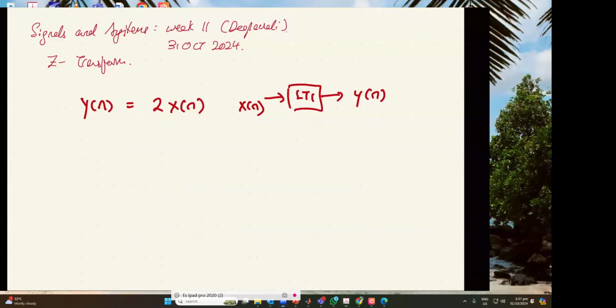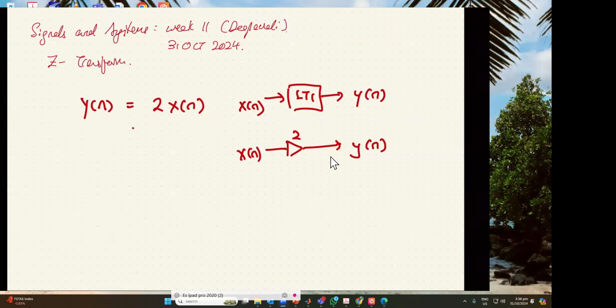What would that LTI block look like? I mean, this is trivial, right? It just says my output is 2 times my input. So you should be drawing something like this. And this is y of n. So if I have given you an equation, you know how to draw the block diagram, the realization of it.